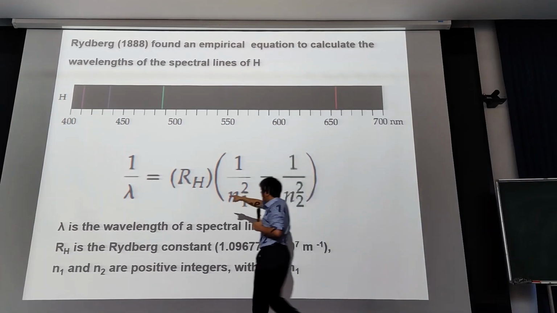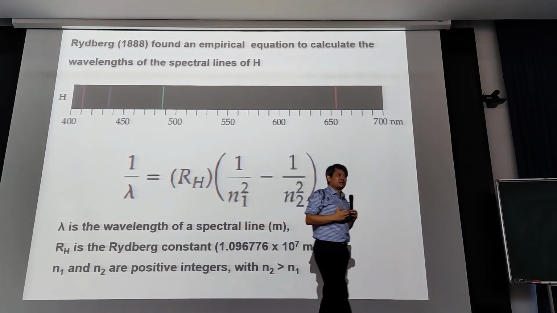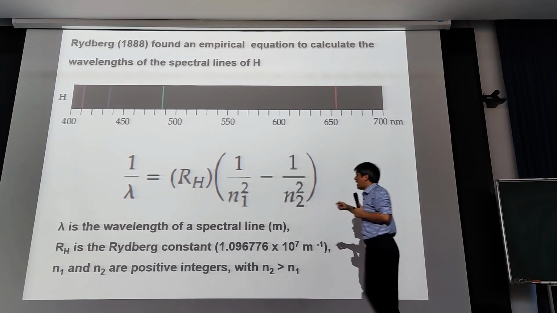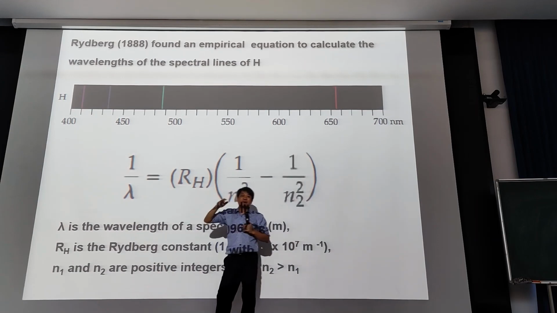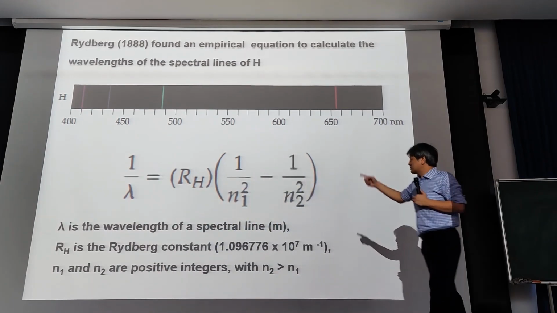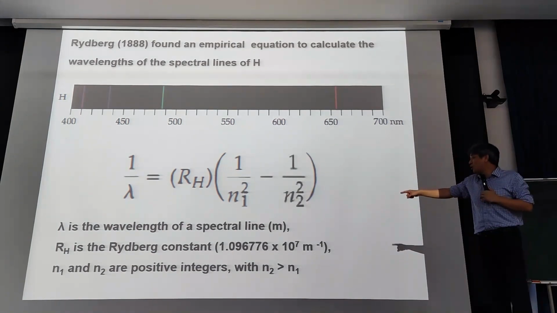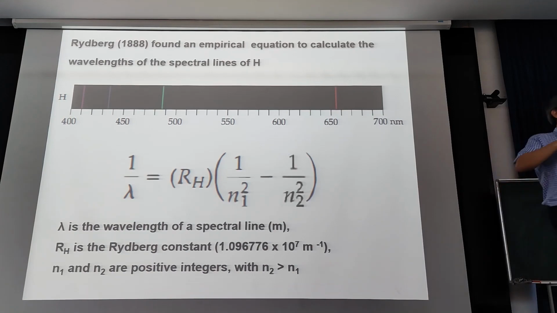And this value is a constant named Rydberg's constant, right? And what R for name Rydberg, and H represent for the case of hydrogen. Okay? So this constant is 1.097 blah blah blah discovered by Rydberg.